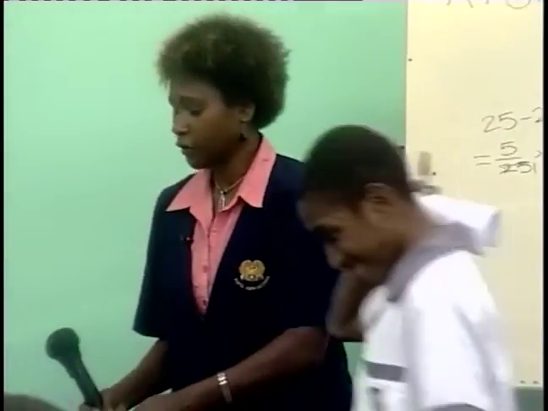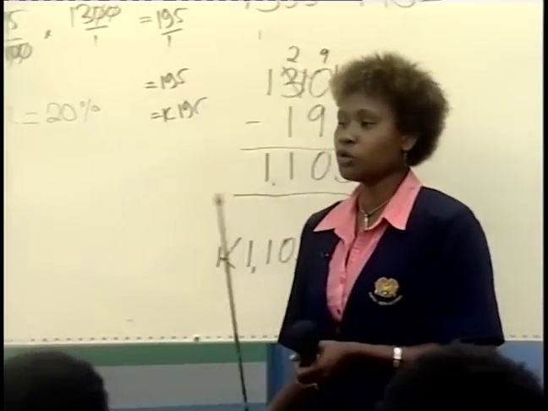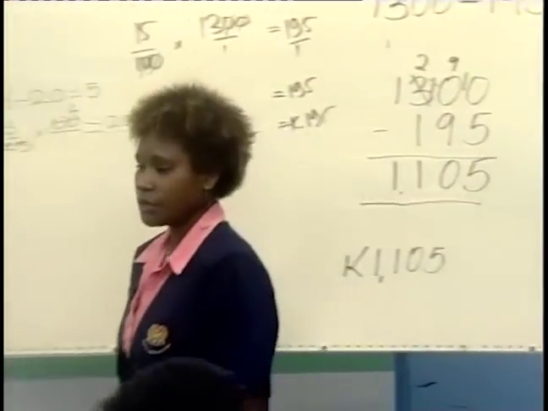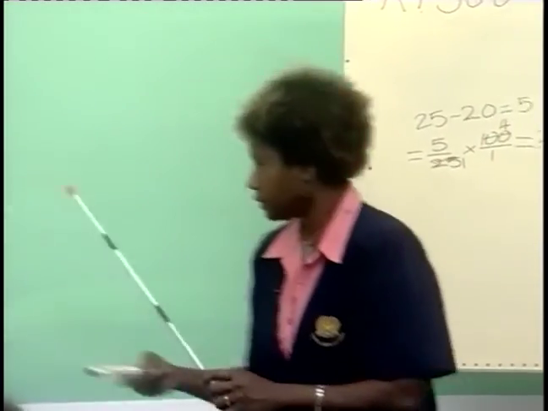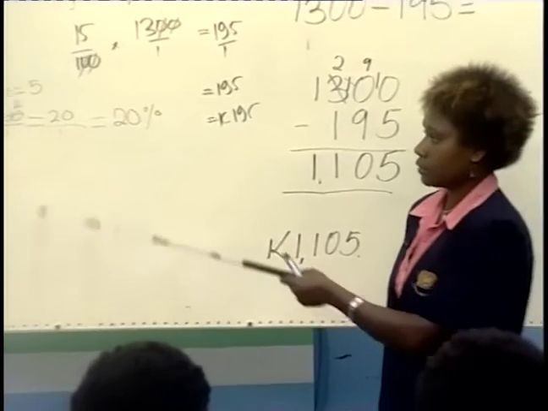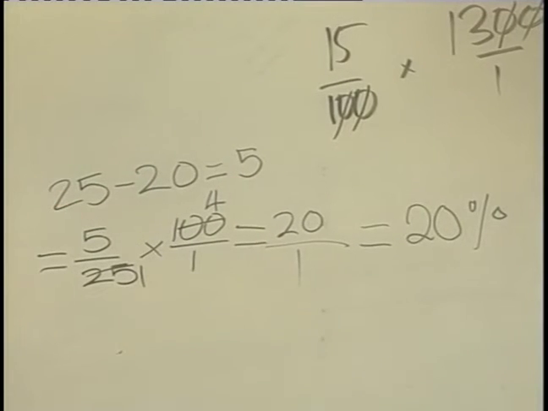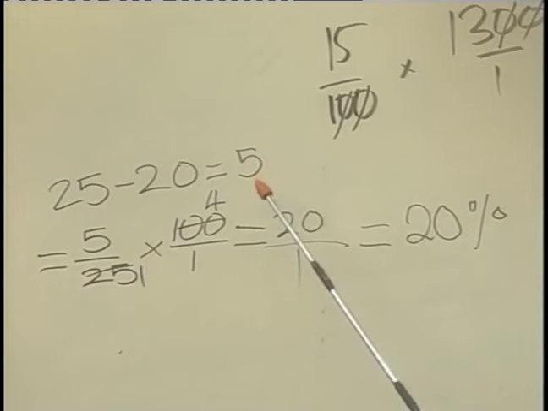Okay, thank you, Rose and John, for your presentation on the board and your working out. We will do this together again so that you make your own correction. They have already answered the two. Working out the cash discount. When you see the word cash, it talks about the money.